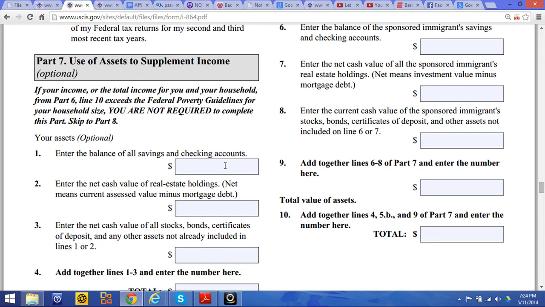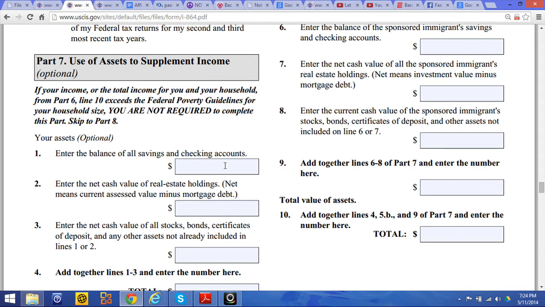So you have this choice, but remember, every time you use either asset or income of another member, this person has to sign the form I-864A. This form gives you authorization to use either income or asset of this person. You can only use the asset of a person if this person gives you the authorization.